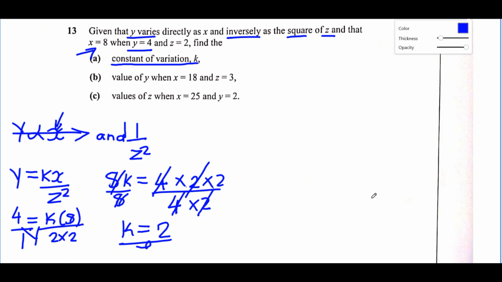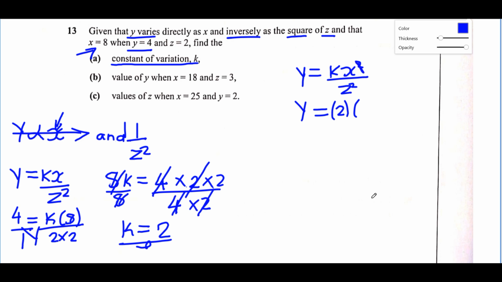So value of y when x is equal to 18 and z is equal to 3. So the equation is y is equal to k x squared over z. So y is equal to k is 2 x, sorry, z must be squared, not this one.